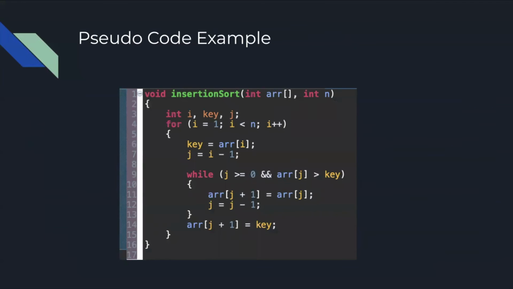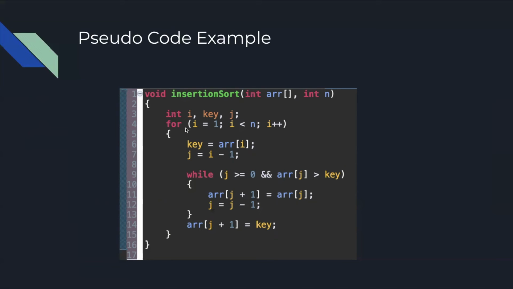Here's an example of what the code would look like. So you'd put together a function. Here we have a function called insertion sort, which takes two parameters, an array and the length of the array.